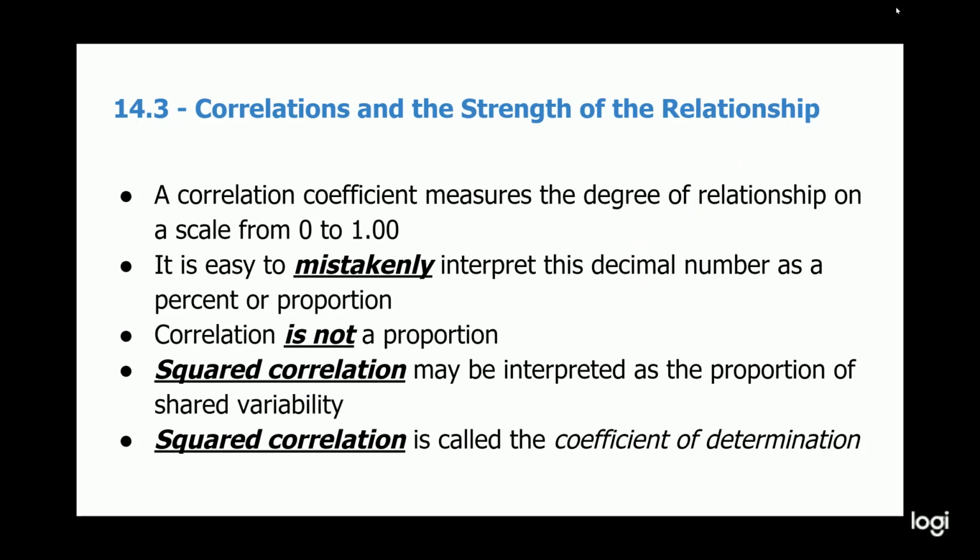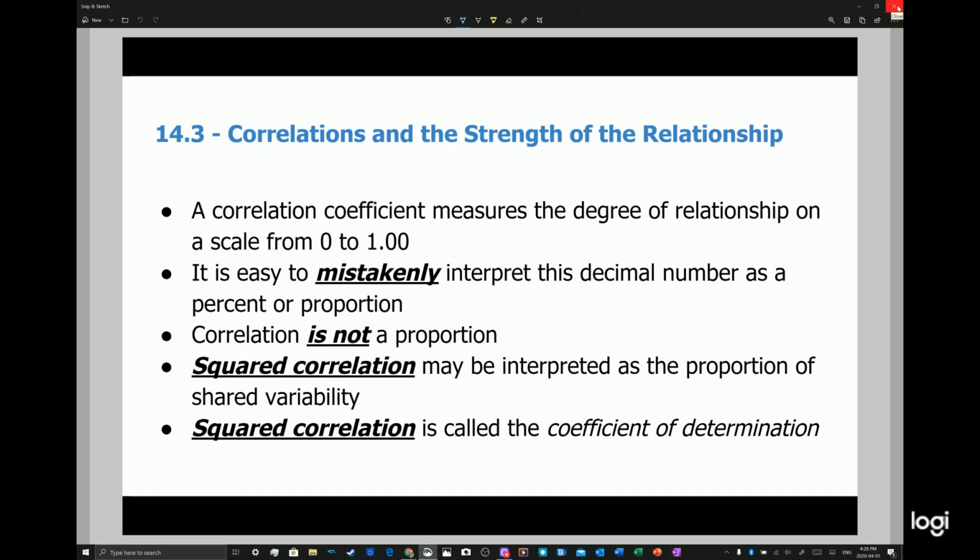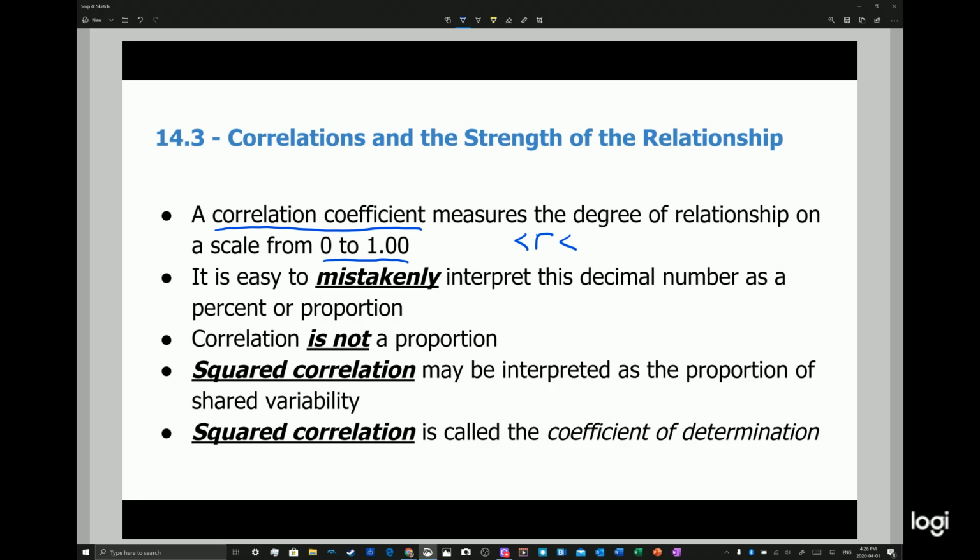Other words of caution when you work with correlations and correlation coefficients are some conceptual warnings or concept reminders. So we talked about the first point before. A correlation coefficient has a scale from 0 to 1. If we use R, for example, the weakest is 0 because there's no correlation. The strongest can be in either direction, positive 1 or negative 1.